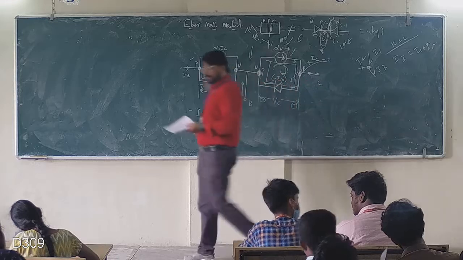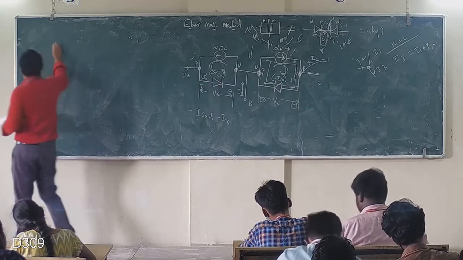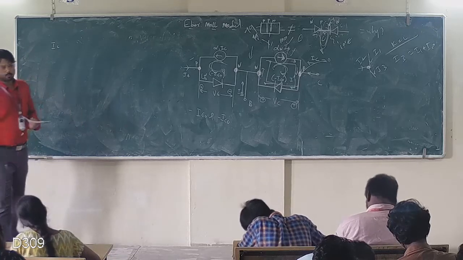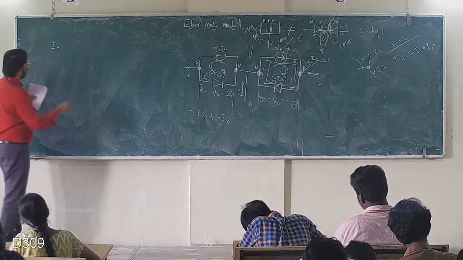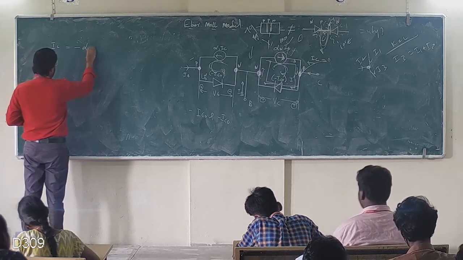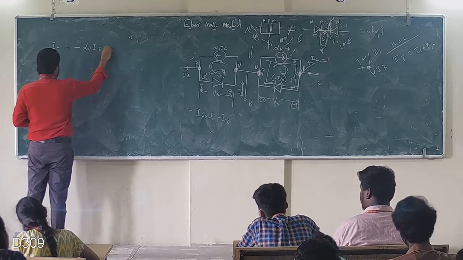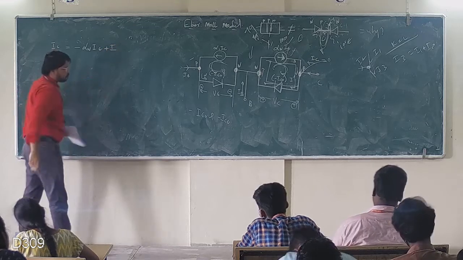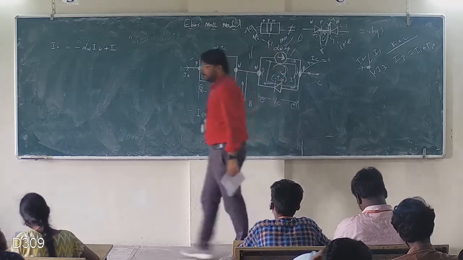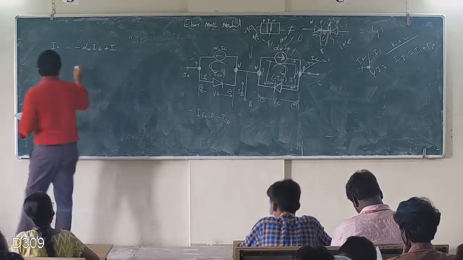I am applying KCL at the collector node. The collector current, which is the incoming current, is equal to minus alpha n IE plus I. Then what is I? I is the ICEO.